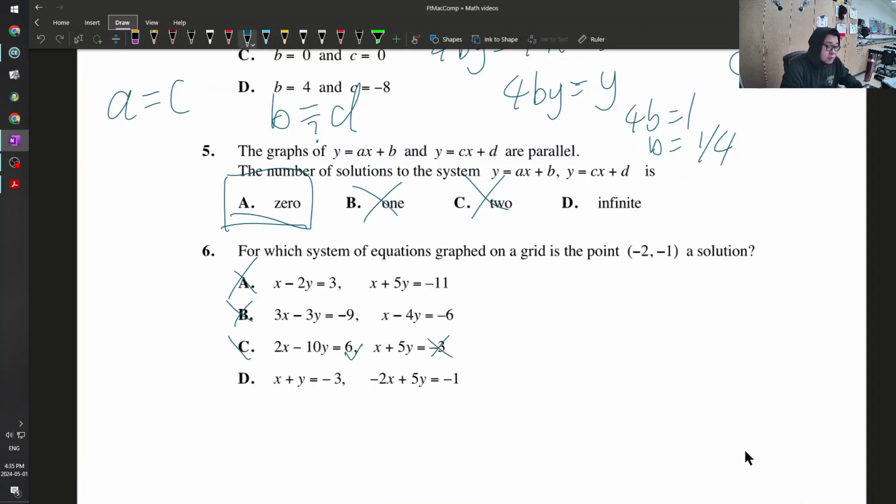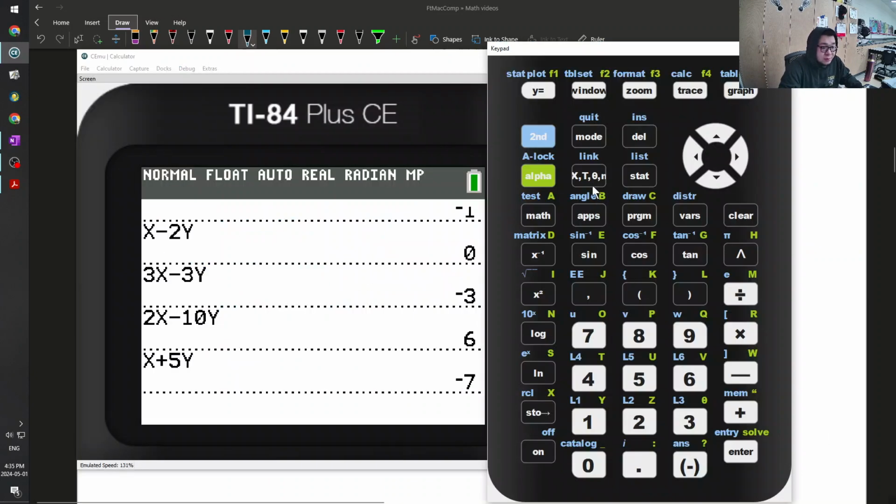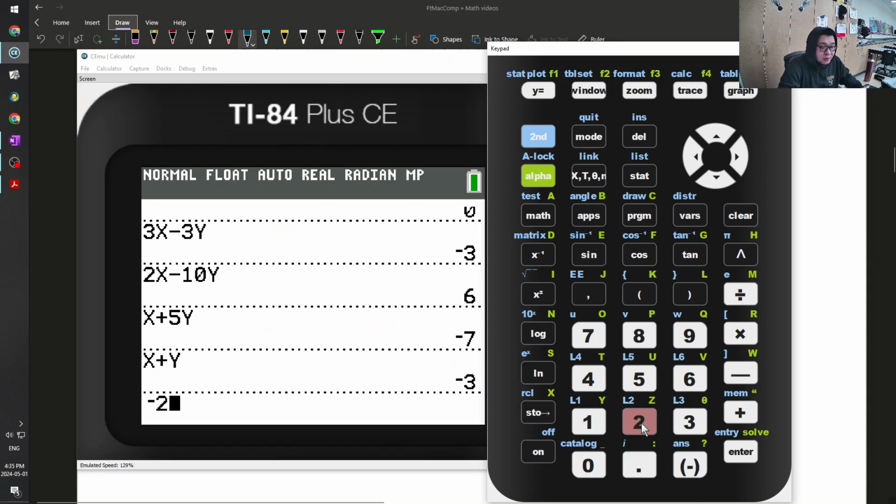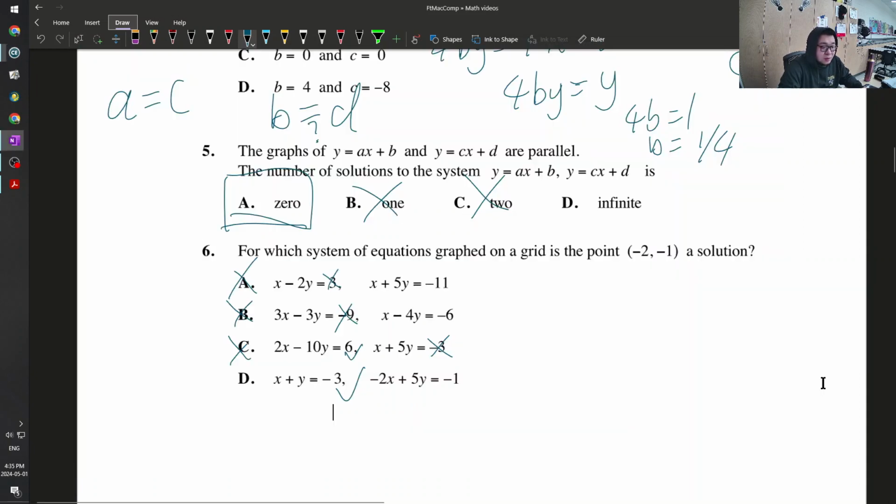So that means C is not a solution. x plus y is equal to -3, good. -2x plus 5y is -1, good.